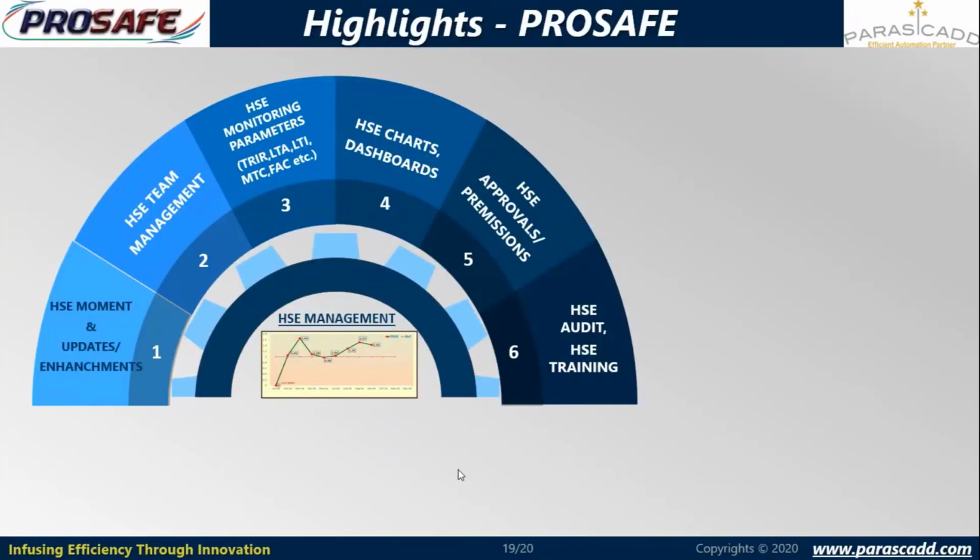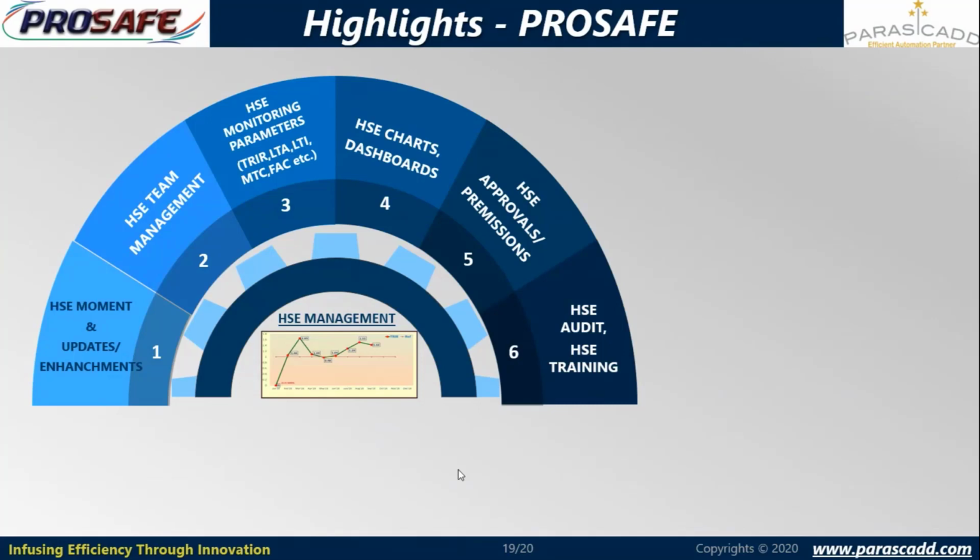Let's see some highlights of HSE, health, safety, and environment management. So we have seen how to keep the record of various HSE movements, various HSE innovation programs, and updates and enhancements, HSE team management, HSE monitoring parameters, that is TIIR, LTA, LTI, MTC, FAC, etc., HSE charts and dashboards, HSE approvals and permissions, HSE audit, and HSE training.